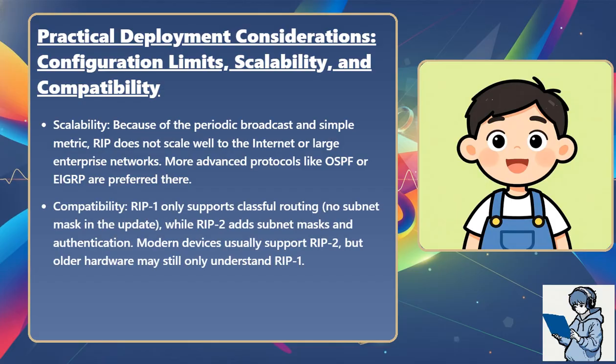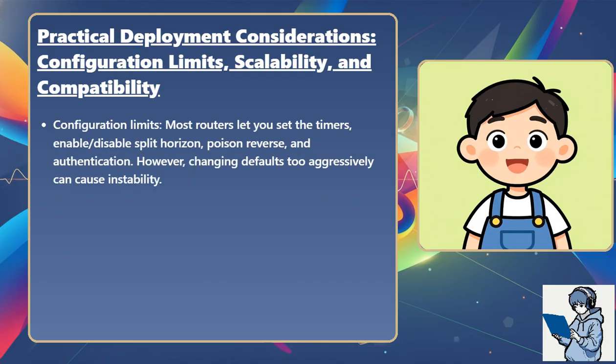Compatibility: RIP1 only supports classful routing, no subnet mask in the update, while RIP2 adds subnet masks and authentication. Modern devices usually support RIP2, but older hardware may still only understand RIP1. Configuration limits: most routers let you set the timers, enable or disable split horizon, poison reverse, and authentication.